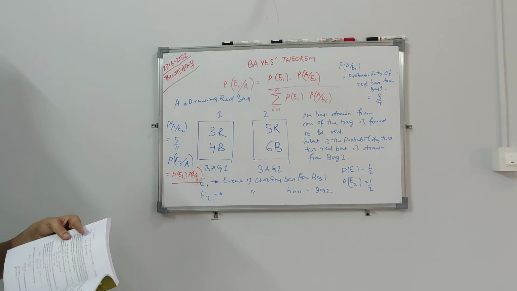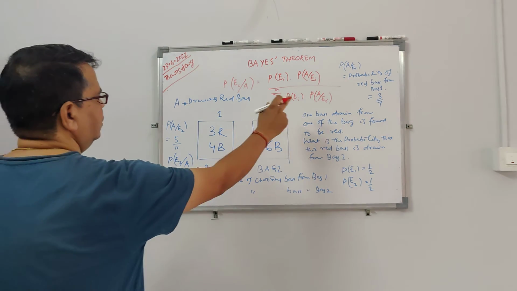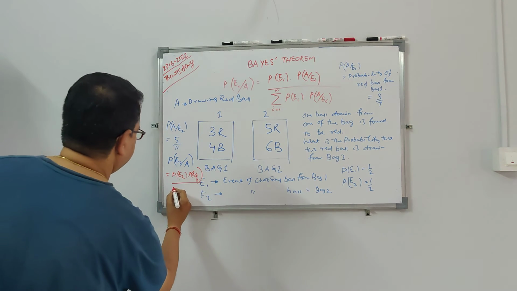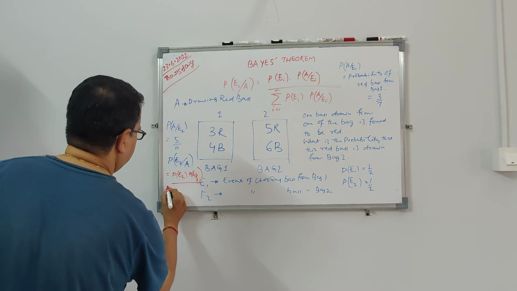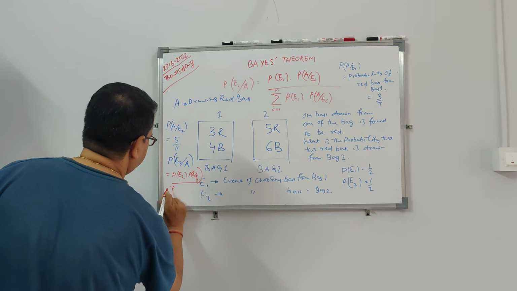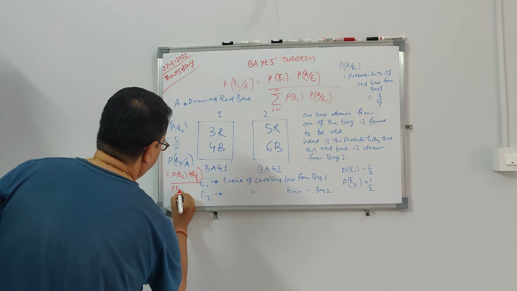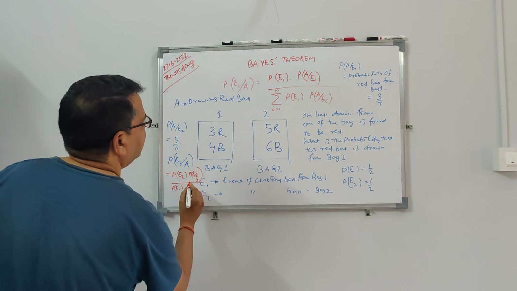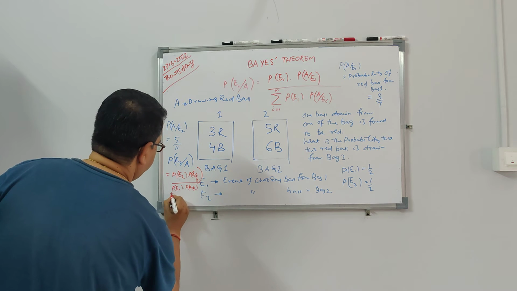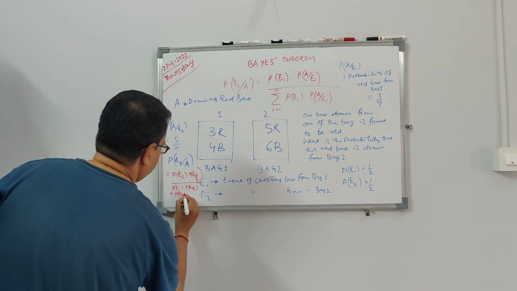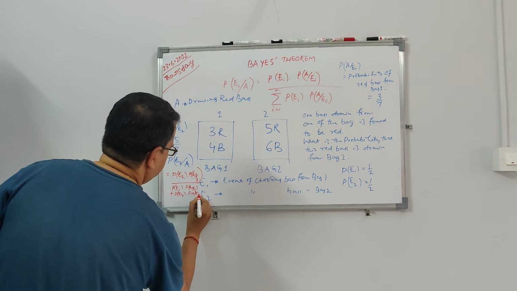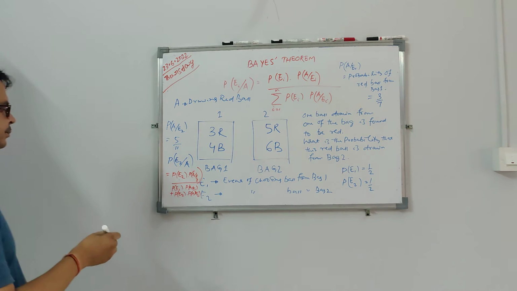You don't need to write the whole summation. You can just write it like this: P(E1) into P(A given E1) plus P(E2) into P(A given E2).